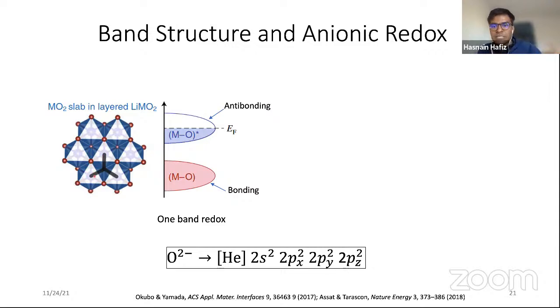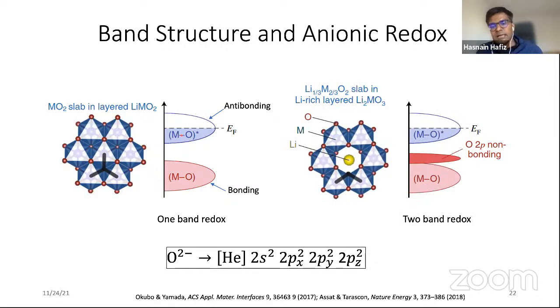As a result, all 3 oxygen 2p orbitals engage in metal oxygen covalent bond formation, and we see this stabilized metal oxygen bonding band that lies below the Fermi level, and this anti-bonding band that stays near the Fermi level. And this anti-bonding band is responsible for the redox process, because all the electronic charge transfer happens in this anti-bonding band at the Fermi level.